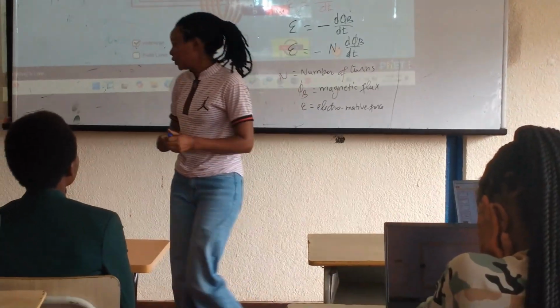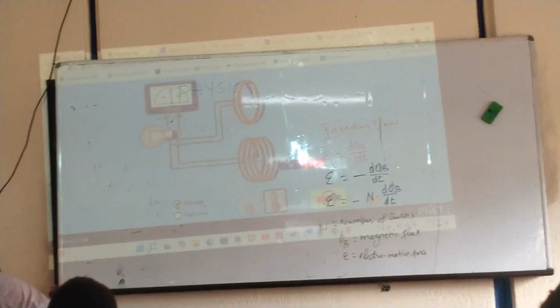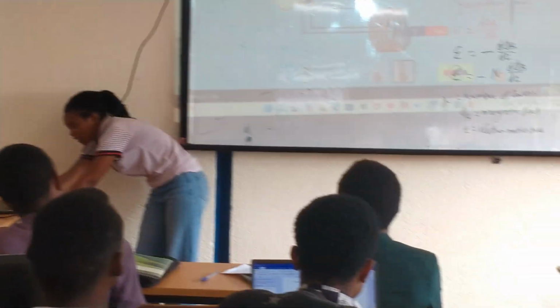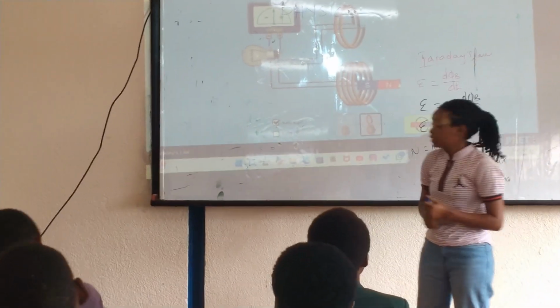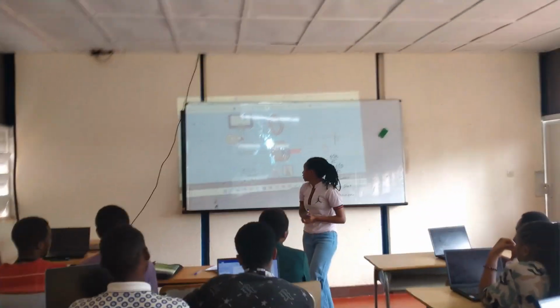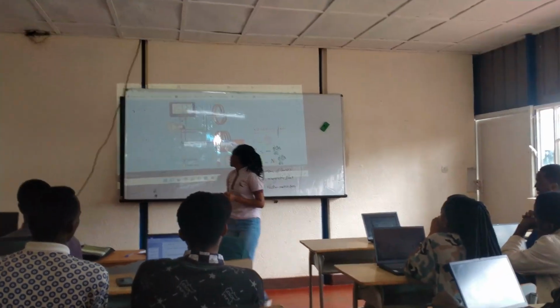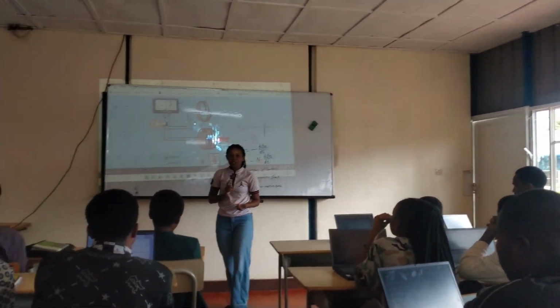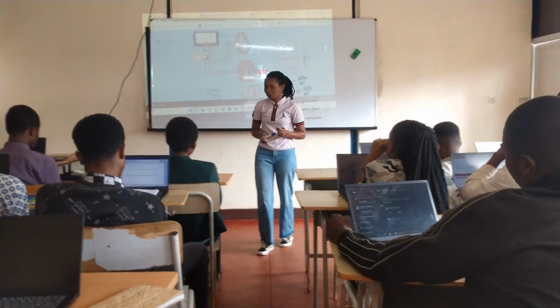Once you do it, you can plug in these magnets. The bulb is very important because it is used to make a simple generator. Another application, Faraday's law can be used in a hydroelectric plant. So, thank you.